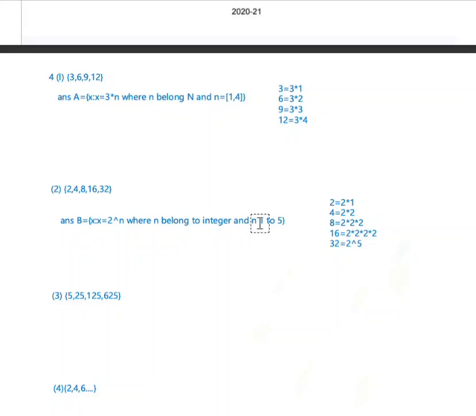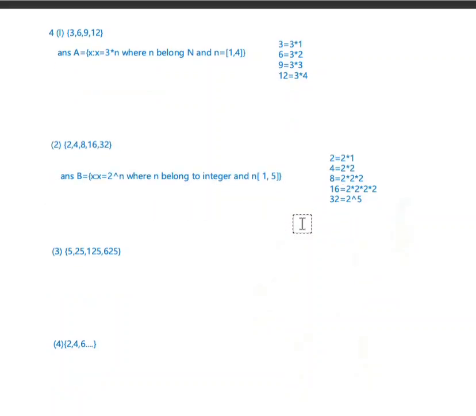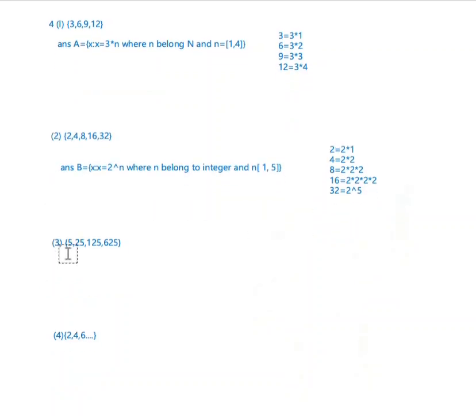So we have observed one common pattern. So 2 to the power n is the property which all the elements in the set follow, and the range is 1 to 5. So we can write it like that.